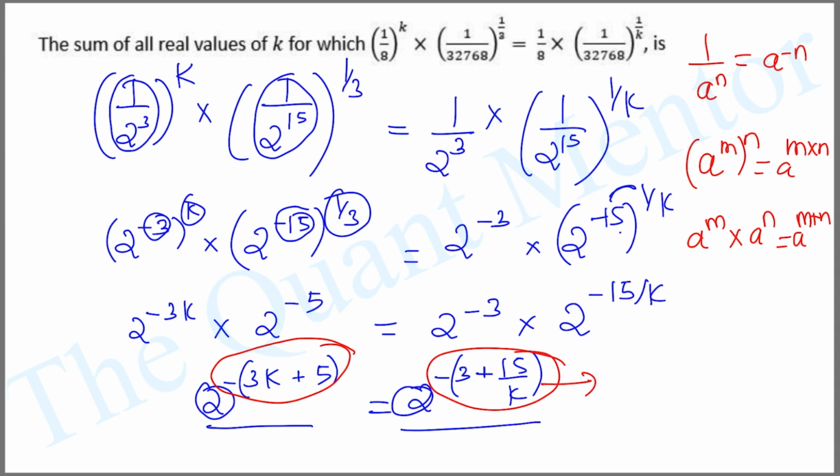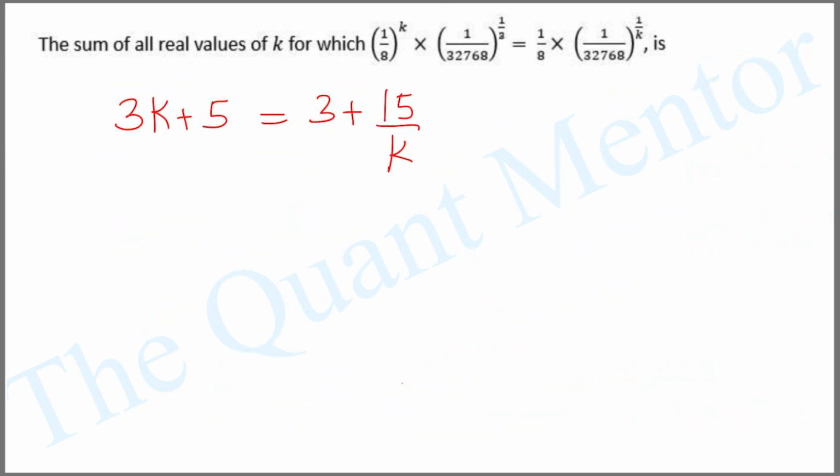So next step, we simply equate the powers. Minus of (3k plus 5) should be equal to minus of (3 plus 15 by k). We'll cancel out the minus signs from both sides and write the equation as 3k plus 5 is 3 plus 15 by k. And we are just 2 steps away from getting our answer.